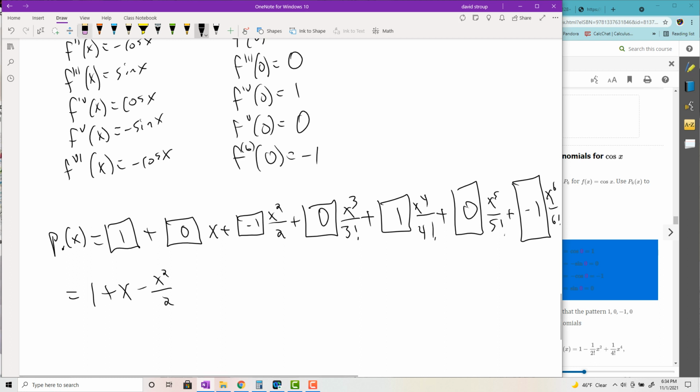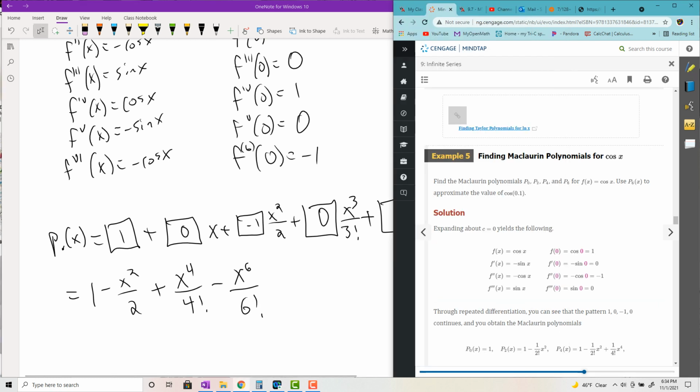Oops, it's 0x. So the interesting thing about cosine is that it's an even function, and the polynomial that you produce only has even powers, right? So the second term, negative x squared over 2, and then plus x to the 4th over 4 factorial minus x to the 6 over 6 factorial.